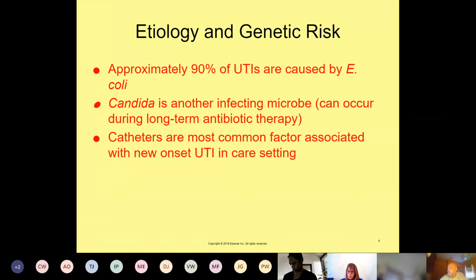Now, when we talk about UTIs, we talk about a high bacterial virulence. Virulence is the ability to infect, basically the strength of the organism, its ability to invade and to infect.